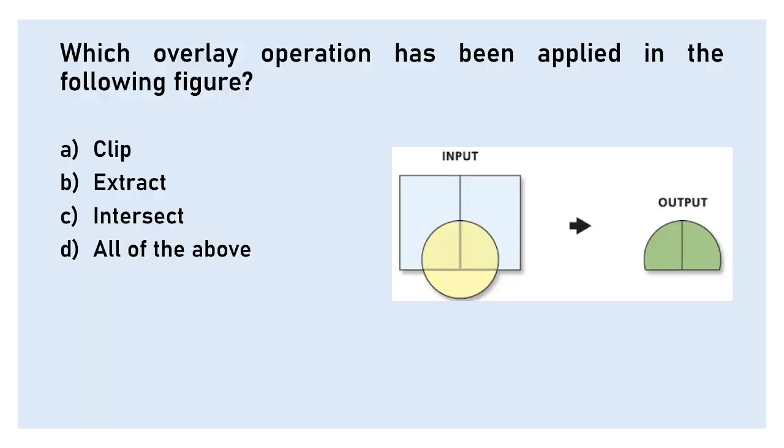So this is the first question. Which overlay operation has been applied in the following feature? You have clip, extract, intersect, all of the above. You can give me the answer in the chat. I will check that.